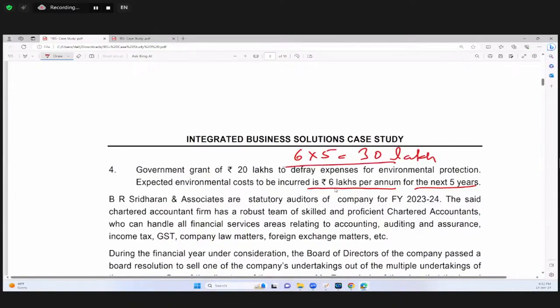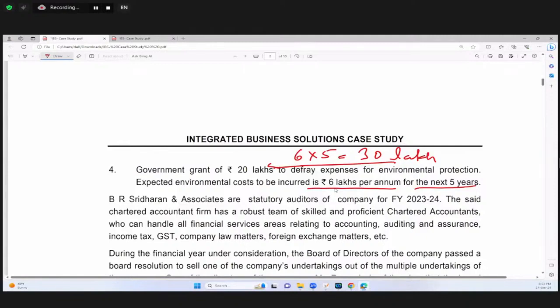Against this 30 lakh, 20 lakh is provided in the form of grant. So we have to recognize 20 lakh on an accrual basis as government grant receivable, and that receivable will be transferred to deferred income, and out of this every year we have to charge to income. What to charge as income is the proportionate amount based on your expenses.